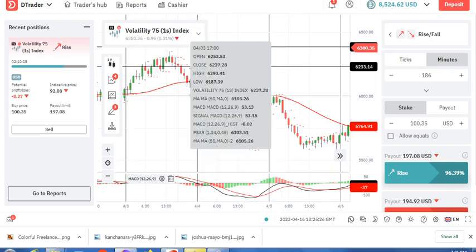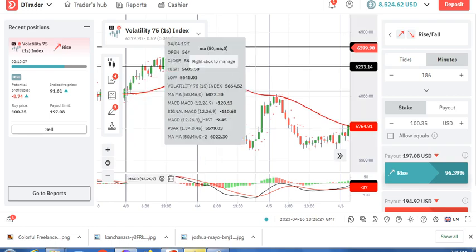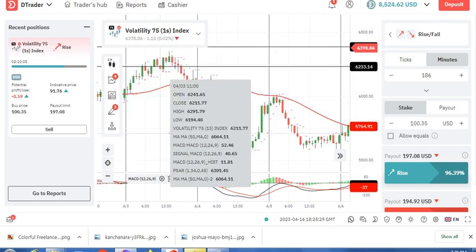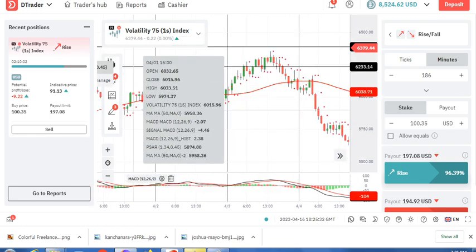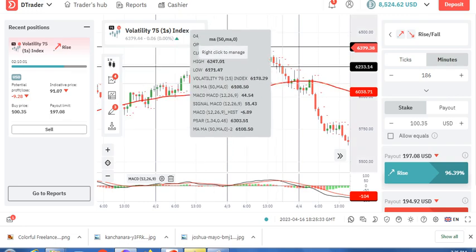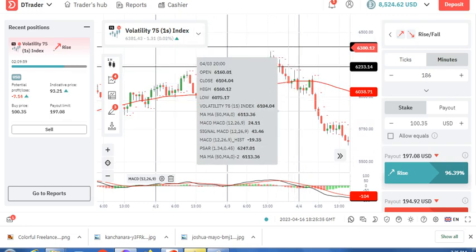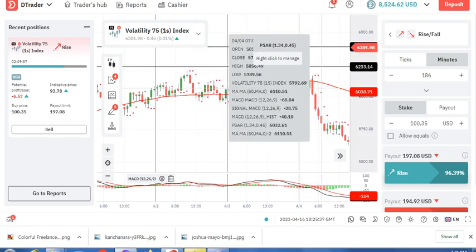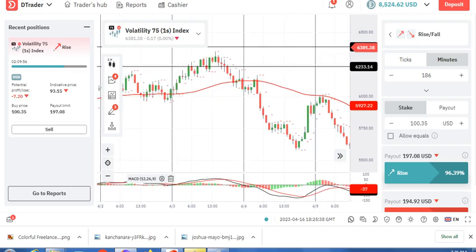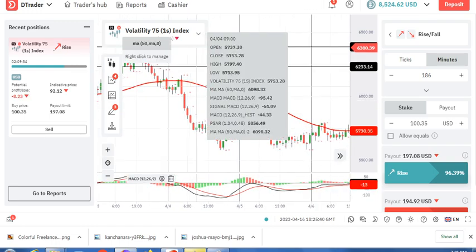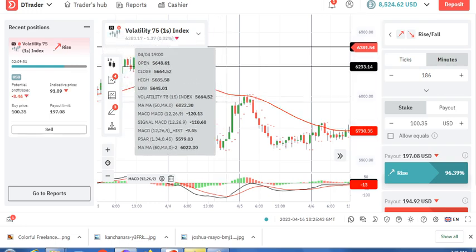So if something like this happens, because this candle has been coming from a long journey to this particular place, when this happens, also know that this moving average will run down a longer journey.